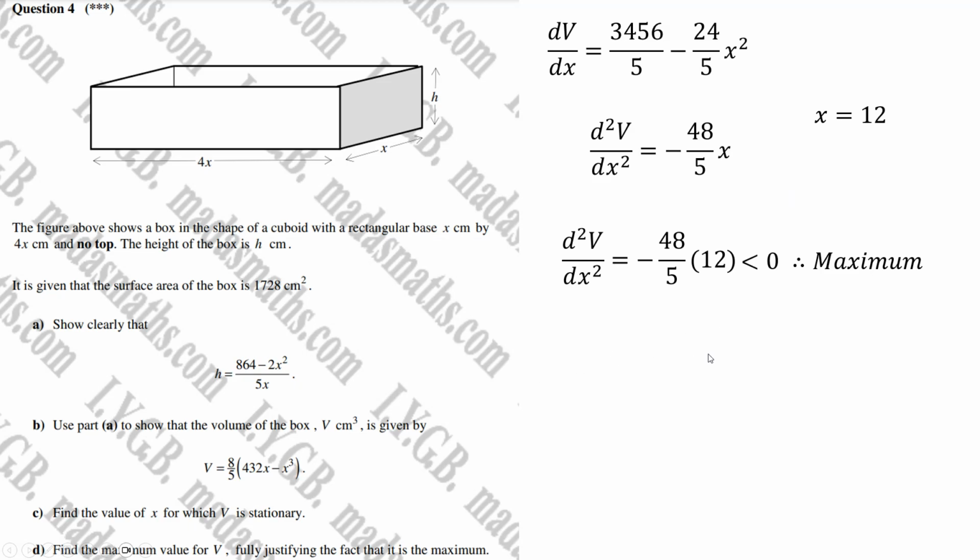That's a horizontal line with a gradient of 0. If it's a quadratic looking like this, and x is like 12 here, and we go up, this is the top of the quadratic, so that's the largest point. That value of x will give us the largest value for the volume. I hope that makes sense.